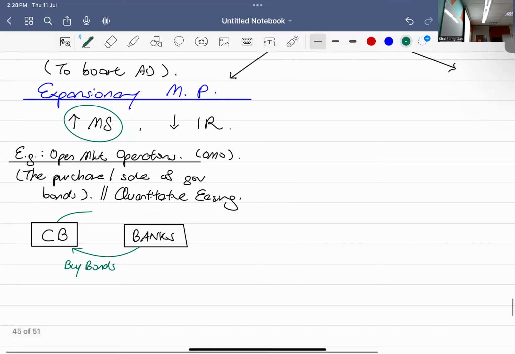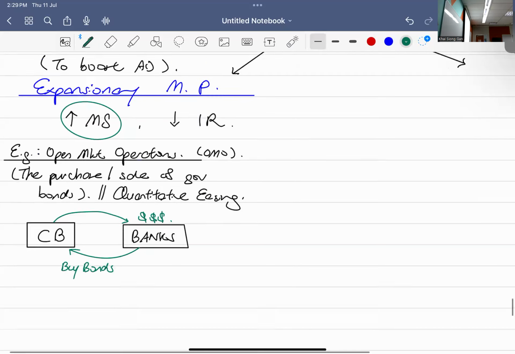So therefore, the central bank will give them money to buy bonds from the commercial banks. These are the bonds, the assets, the financial securities that are being held by the commercial banks.